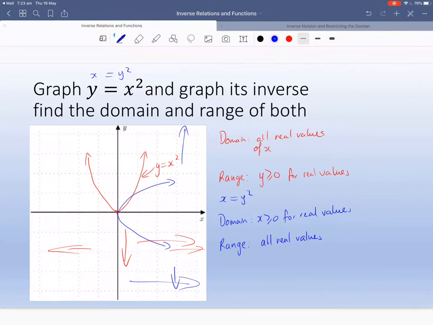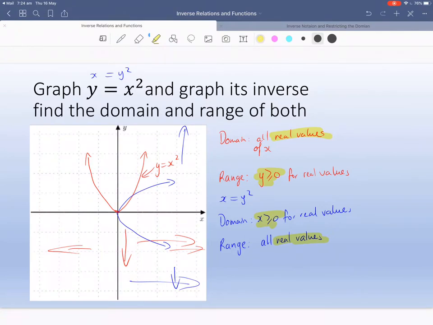Now, what do you notice? The domain has become the range, and the range has become the domain. Because with inverse relations, all we're doing is swapping the x value for the y value, the domain and range, because domain has to do with x and range has to do with y, are swapping also.